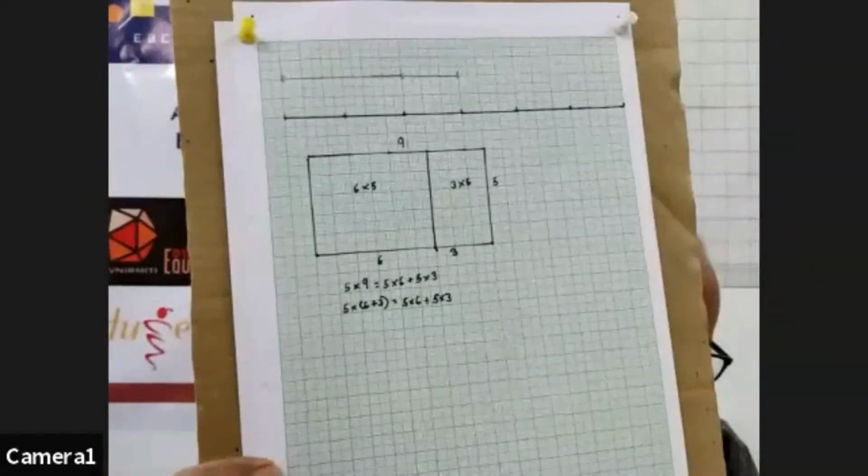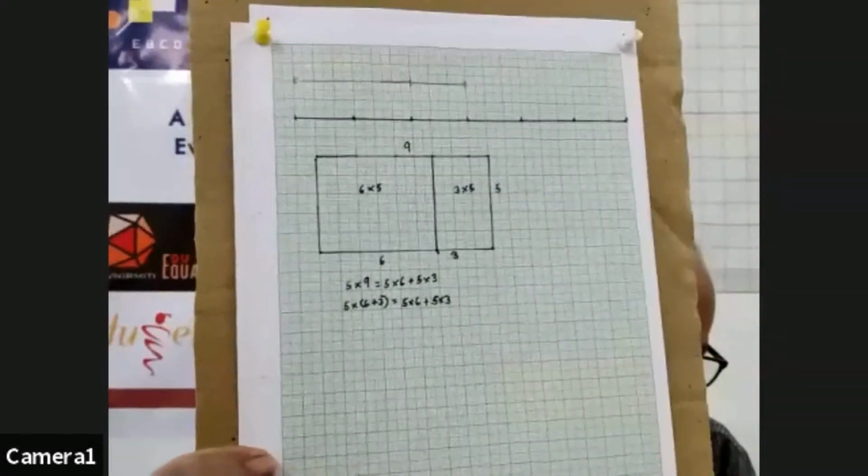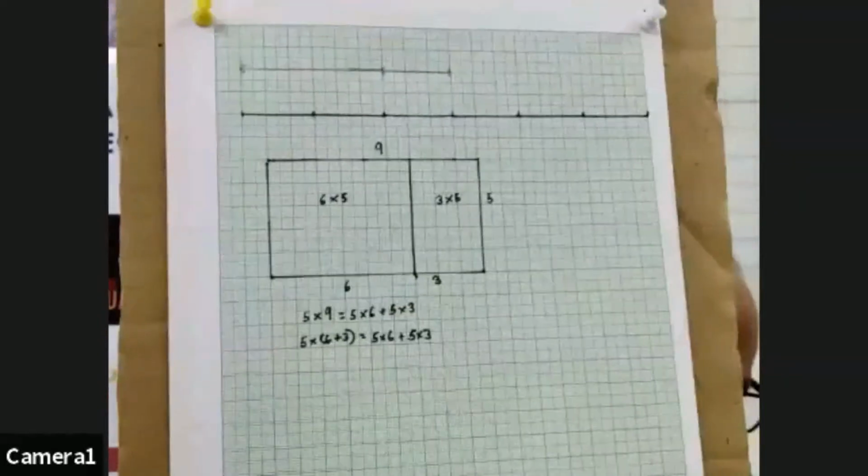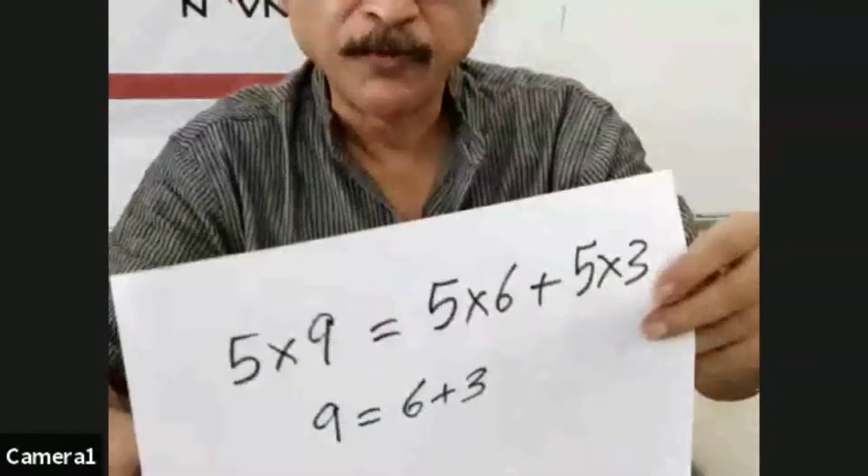She has replaced 9 by 6 plus 3, and I will write it on a piece of paper, and this is what we have to do.